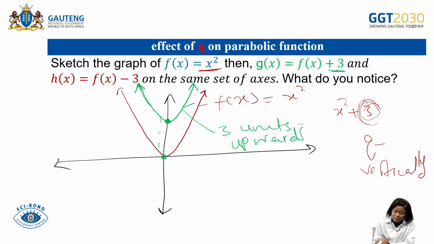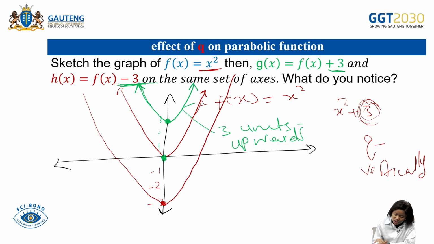And if I subtract 3 from x squared, then my graph, instead of turning here at the origin, is now going to turn at negative 3, meaning it's going to shift 3 units downwards. So now I'll have a new graph that goes like this. This graph has shifted 3 units downwards.